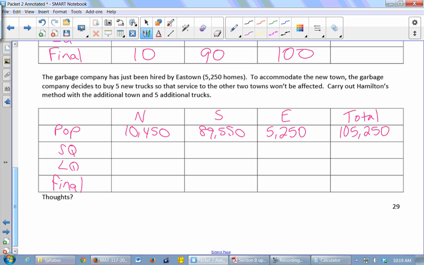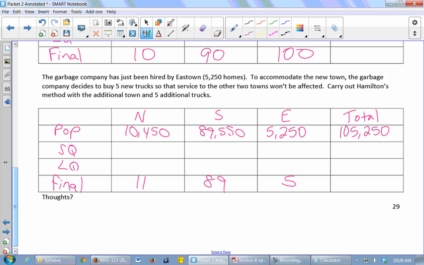All right, and then the garbage company gets hired by Easttown, another town with 5,250 homes. To accommodate this town, they buy 5 new trucks, right? Because they don't want to affect the service to Northtown and Southtown. So when you carry out Hamilton's method with the additional town and 5 additional trucks, you end up giving Northtown 11, Southtown 89, and Easttown 5 trucks.